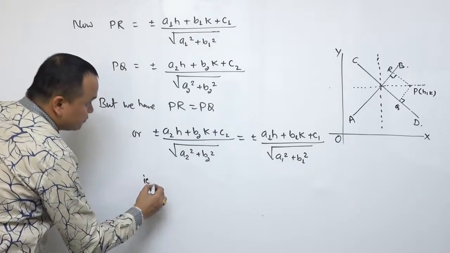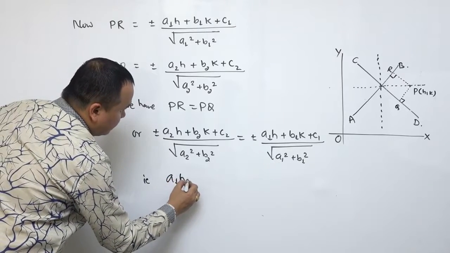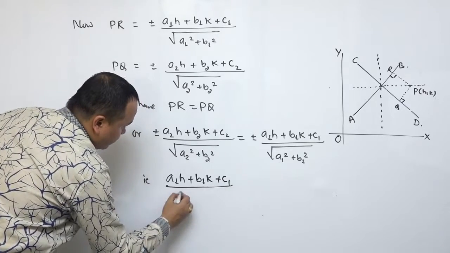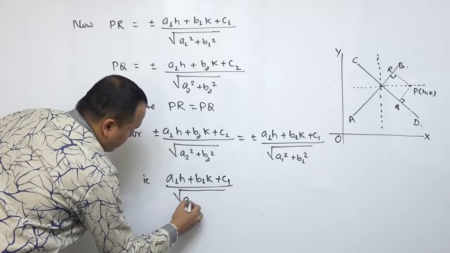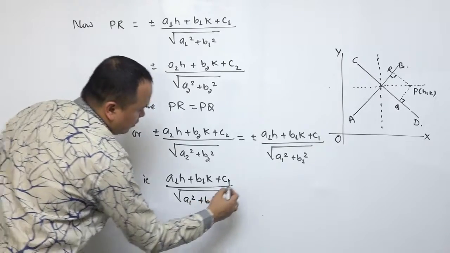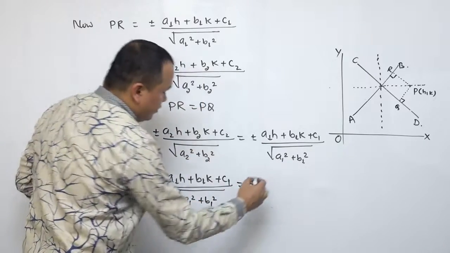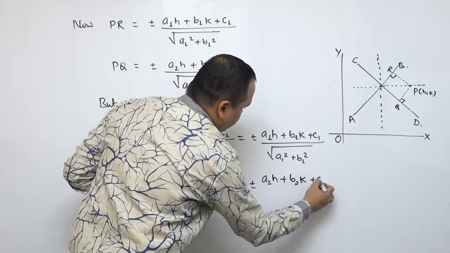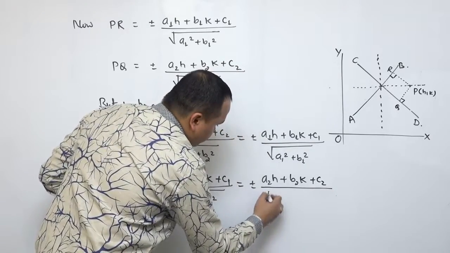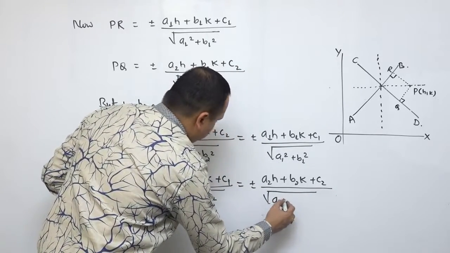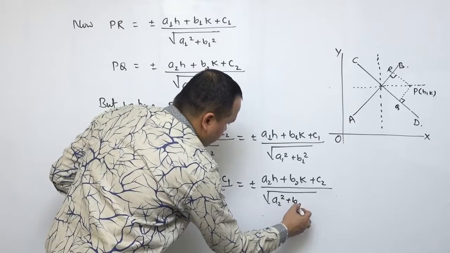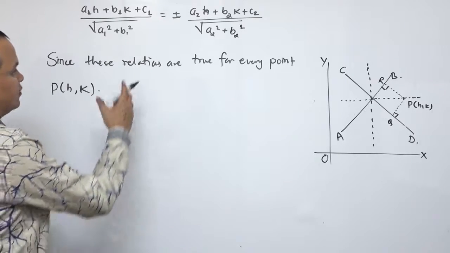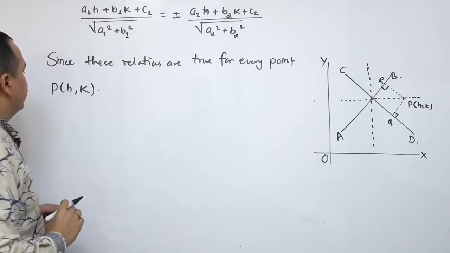That is, (A1h plus B1k plus C1) upon root over A1 square plus B1 square is equal to plus minus (A2h plus B2k plus C2) upon root over A2 square plus B2 square. Since these relations are true for every point P(h, k).